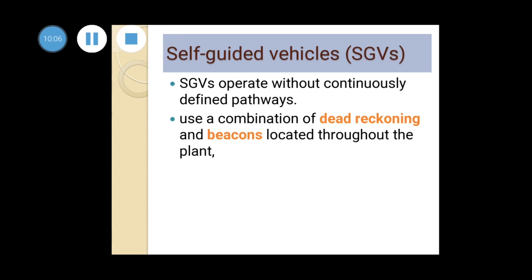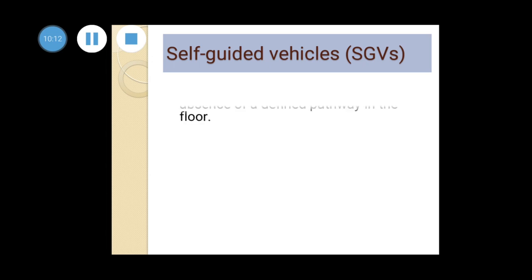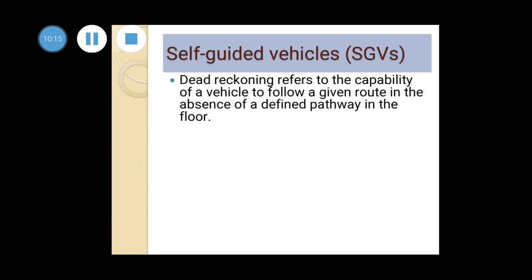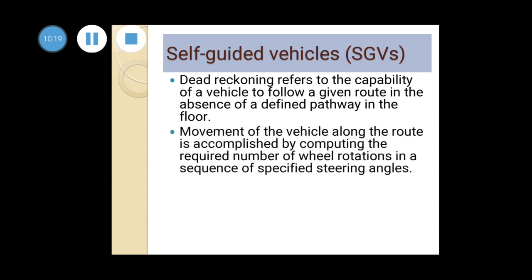Self-guided vehicles operate without defined pathways. They use a combination of dead reckoning and beacons located throughout. Dead reckoning refers to the capability of a vehicle to follow a given route in the absence of a defined pathway on the floor. Movement of the vehicle along the route is accomplished by computing the required number of wheel rotations in a sequence of specified steering angles.